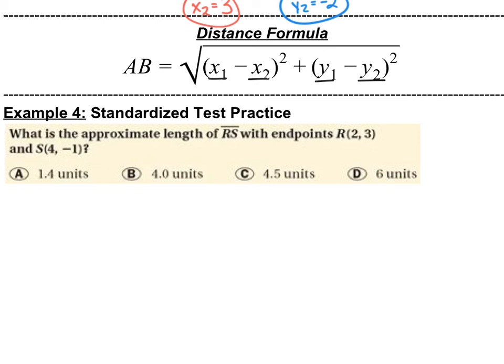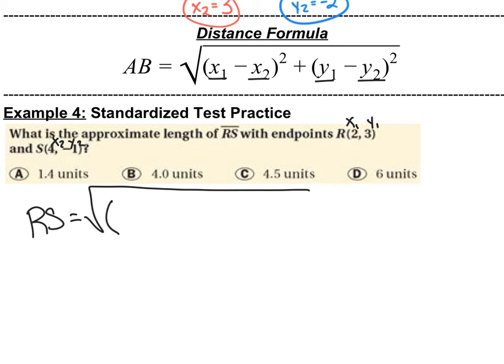So first thing I would suggest you do is you label. You have x sub 1, y sub 1, x sub 2, y sub 2, and then just plug everything in. So in this case, RS will be equal to the square root of (2 minus 4) squared plus (3 minus negative 1) squared.